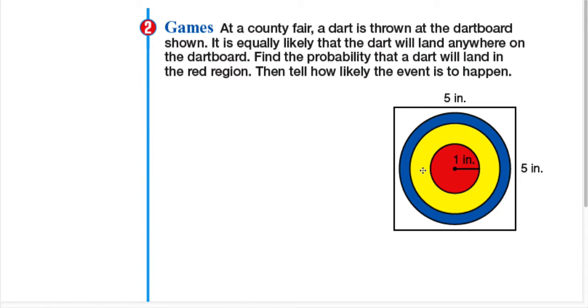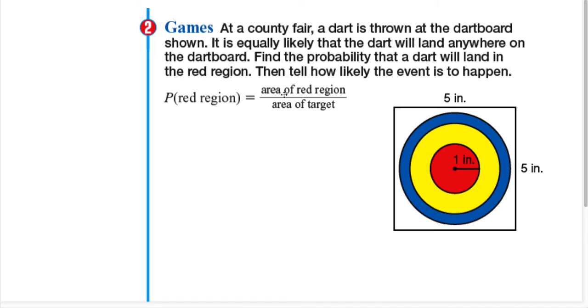So let's say you basically have no skill in throwing darts. So you throw a dart at a county fair and you want to find the probability, if you are really bad at this, of that dart landing in the red region. So the probability of landing in the red region will be the area of the red region, right here, over the area of the entire target, which is this square.